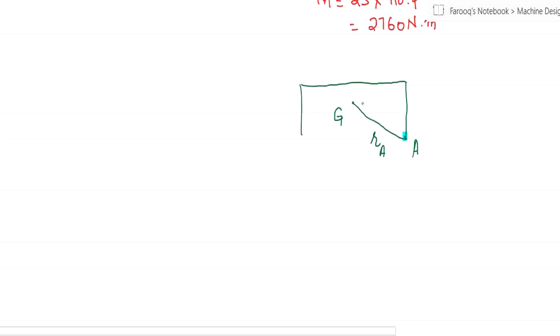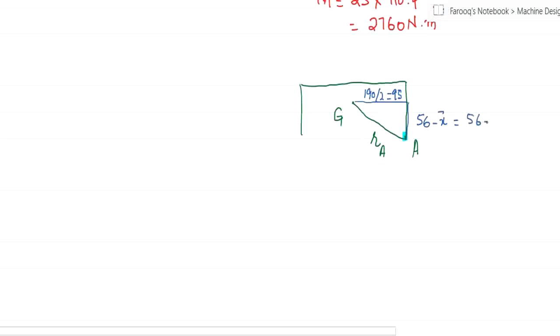And to find RA, we are going to make a right angle triangle here, where this side is 190 divided by 2, which is 95, and this side is 56 minus x bar, which is 10.4.